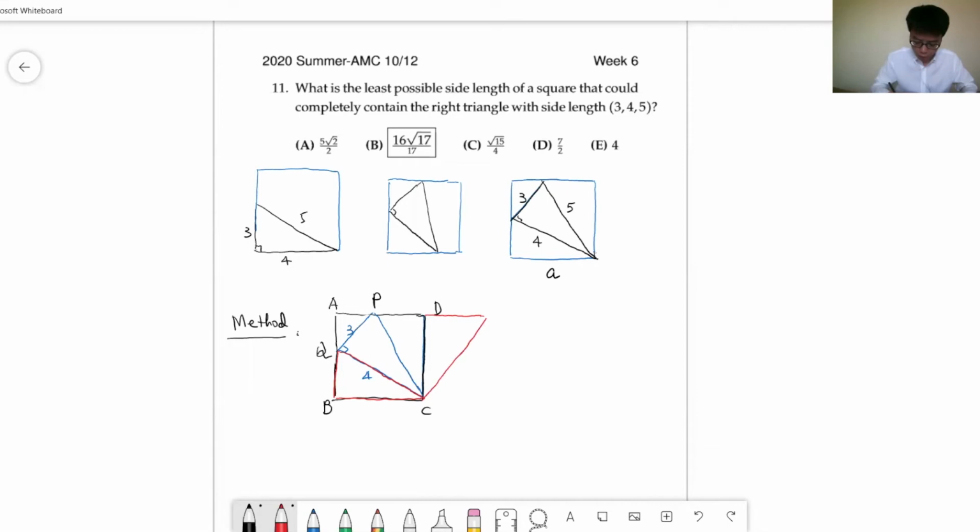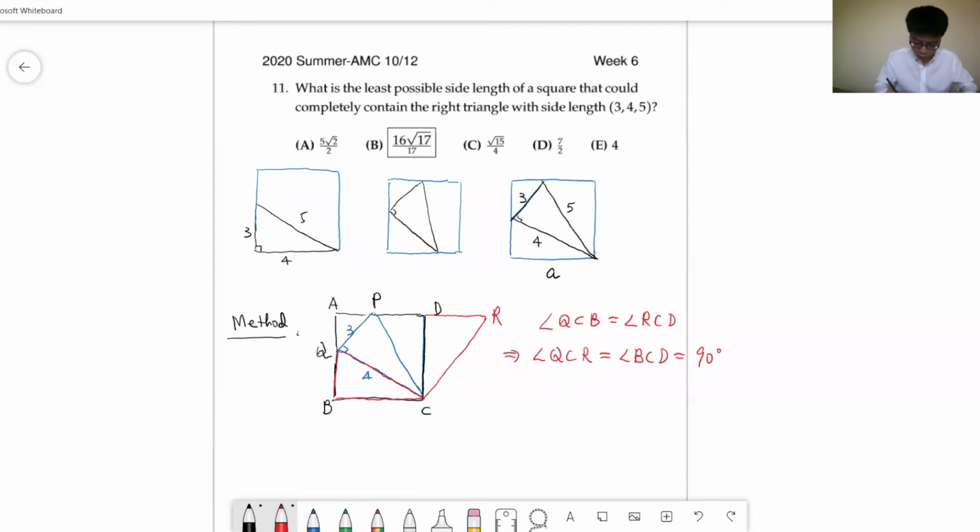So here, let me call this point R. So that means we have angle QCB equals angle RCD. So that means we have angle QCR equals angle BCD, which is 90 degrees.